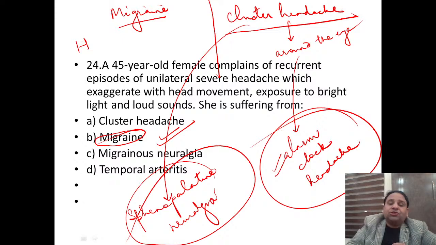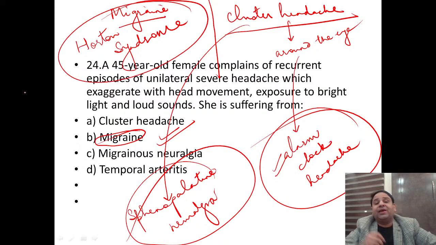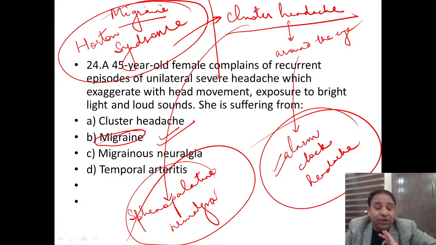Very good, Khushi. Khushi has already answered what I was going to ask. The syndrome, if someone says associated with cluster headache, your answer has to be Horton syndrome. Exactly. If someone asks you the syndrome associated with cluster headache, the immediate answer which should come to your mind is Horton syndrome.